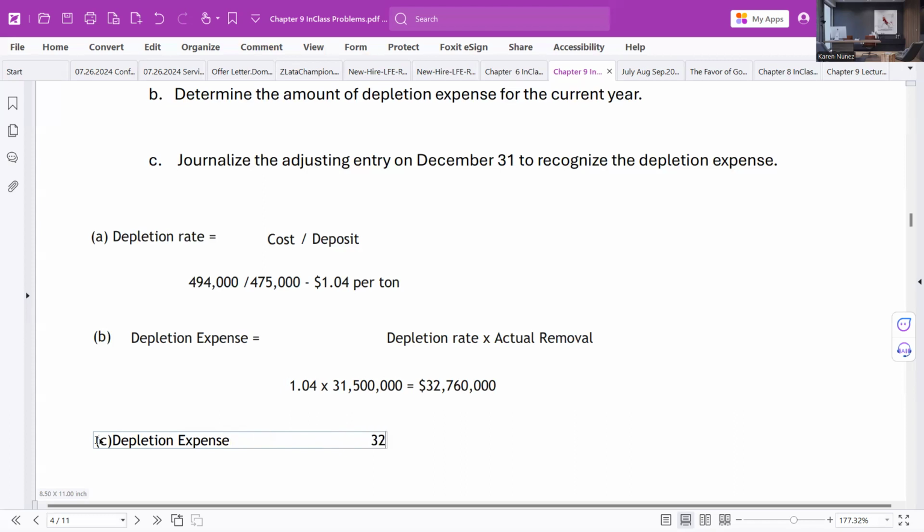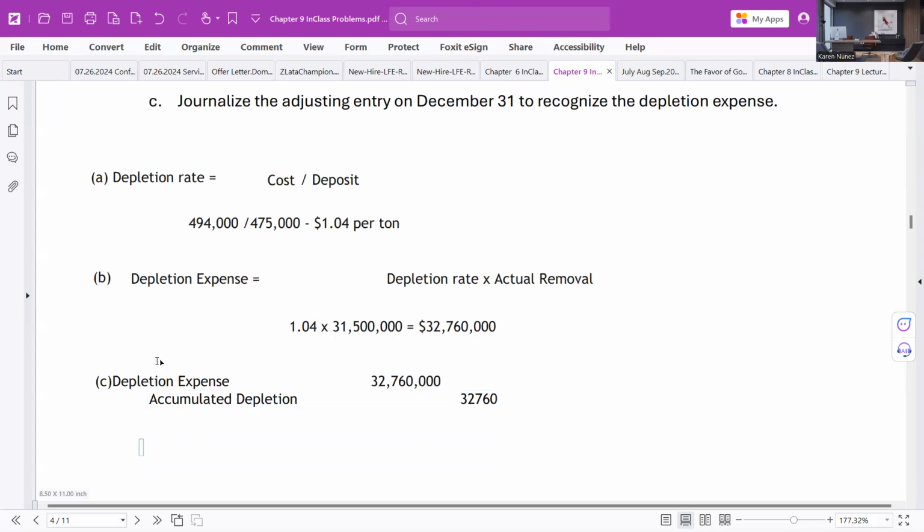So the 32,760 is the depletion expense, and we want to record the depletion. And that's how we account for depletion.